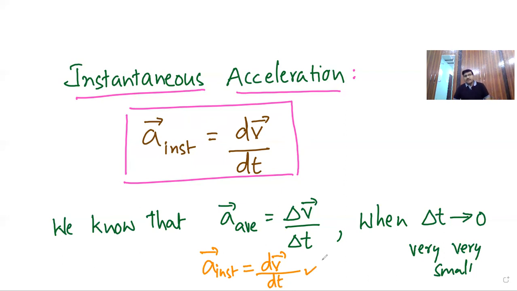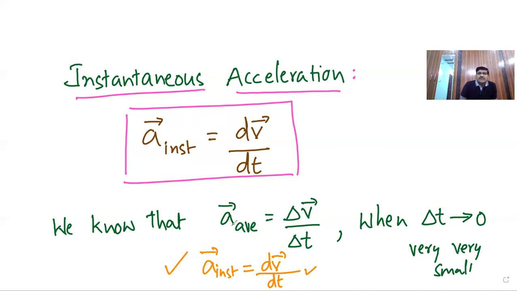When the change in time becomes very, very small, that small time we represent as dt. Within the small time dt, the small change in velocity is dv. At that very, very small interval of time, we say it is instantaneous.